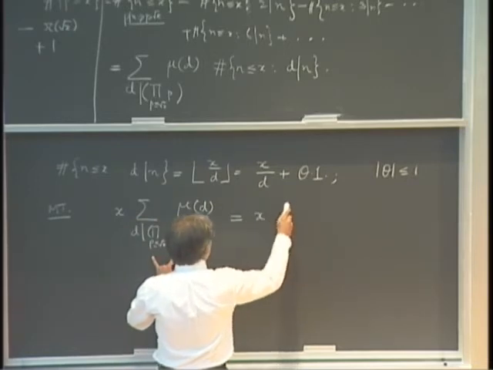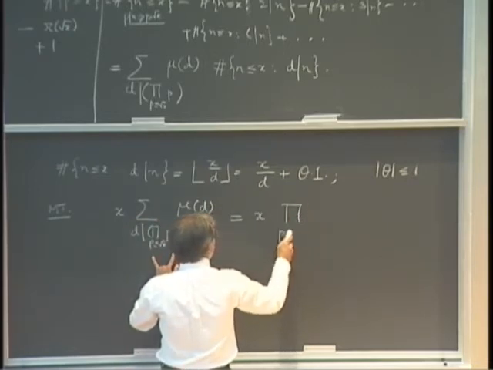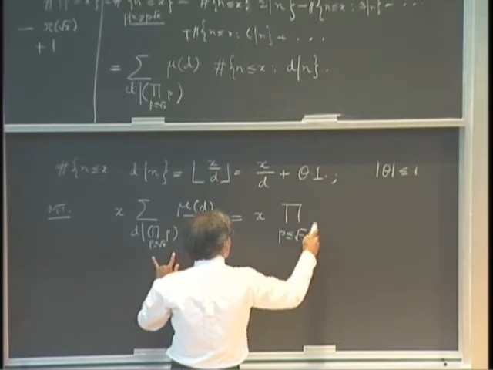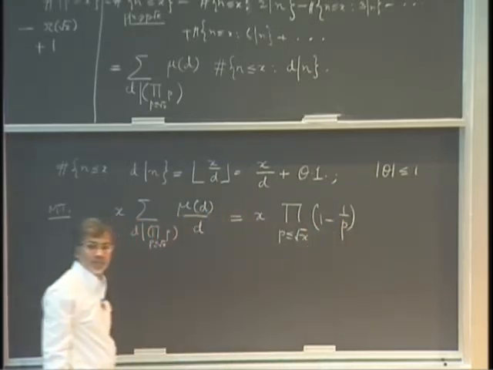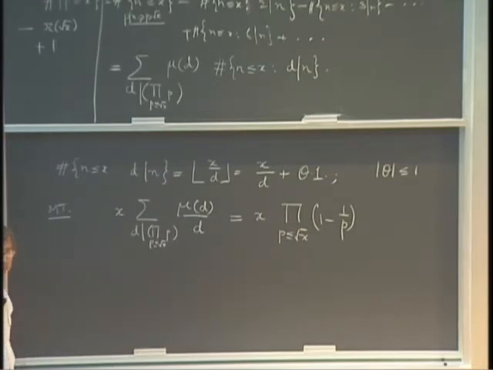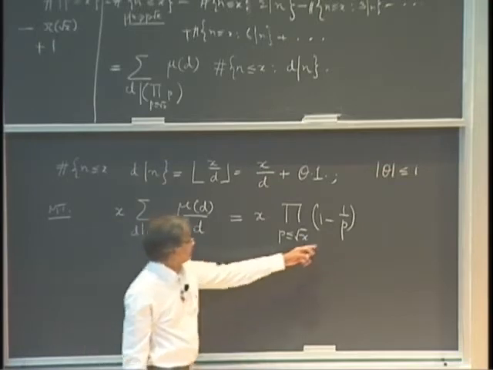It's x times the product over primes up to root x of 1 minus 1 over p, right? And maybe you can tell me what this is asymptotically.